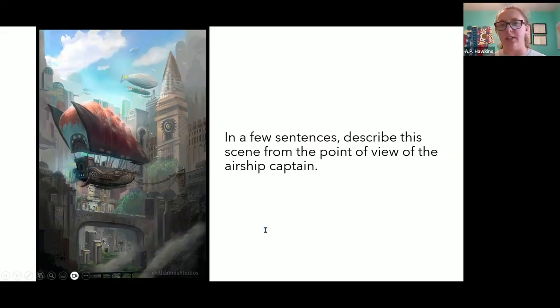Try to incorporate some of the things we've talked about, including balance in your description, thinking about what the character would notice or feel is important. Take about 5 minutes to write a few sentences, and then we'll come back and talk about what everyone has written.